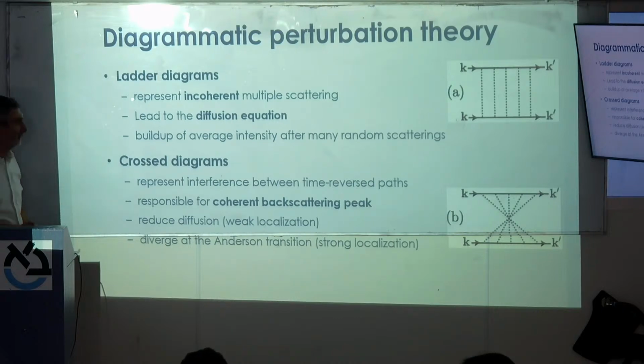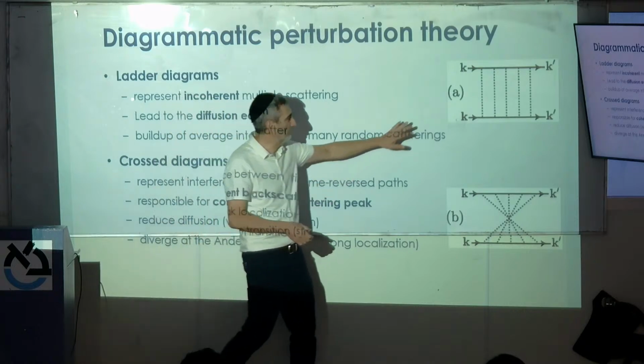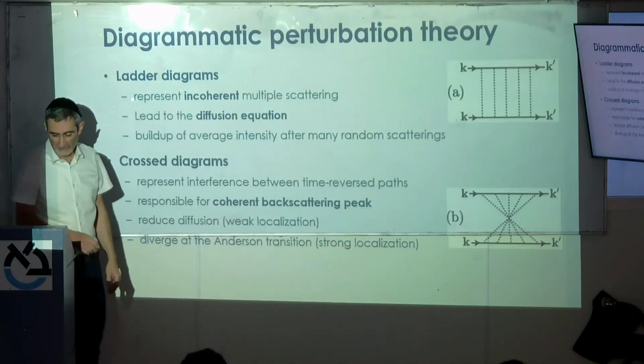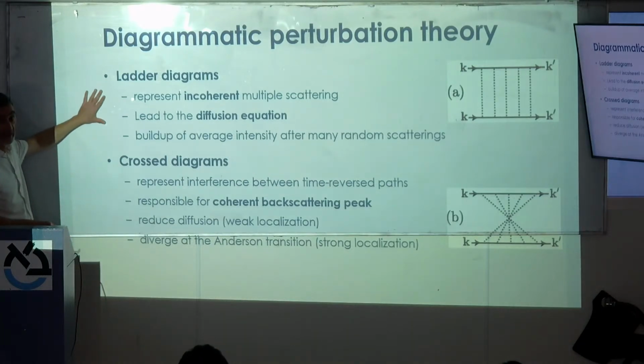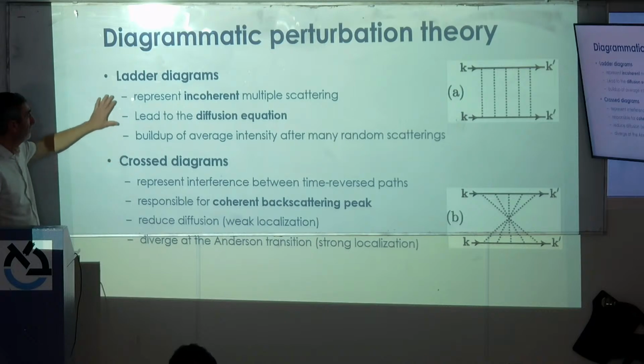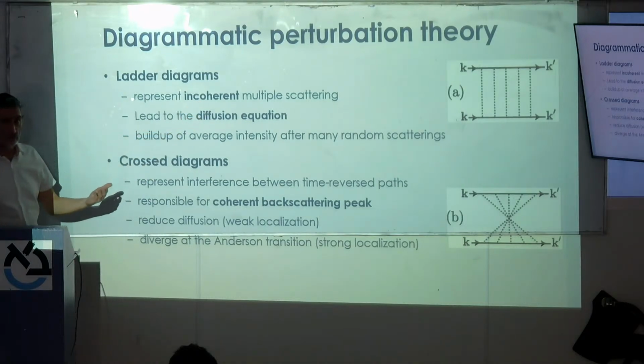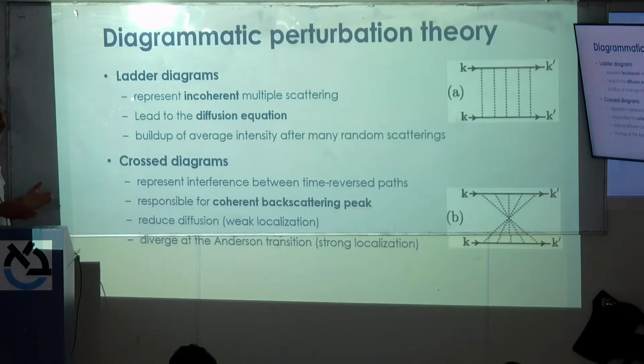I'm not going to explain that to you. First, I'm not a theoretician and I'm not very familiar with that, but you have two types of diagrams: the ladder diagrams and the cross diagrams. The ladder diagrams represent the incoherent contribution to the scattering, incoherent in the sense that different scattering events don't interfere with each other.